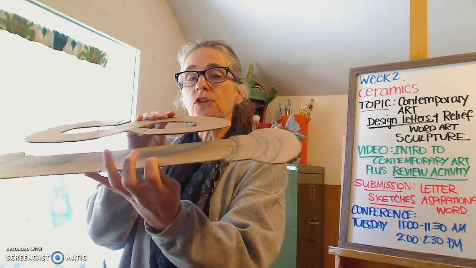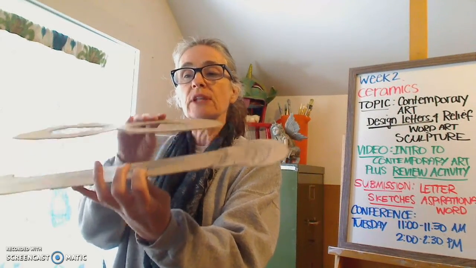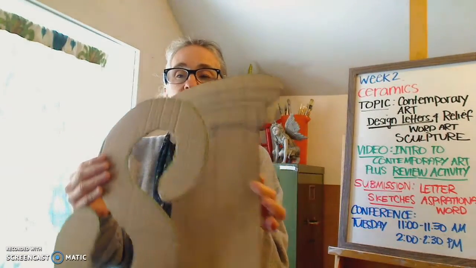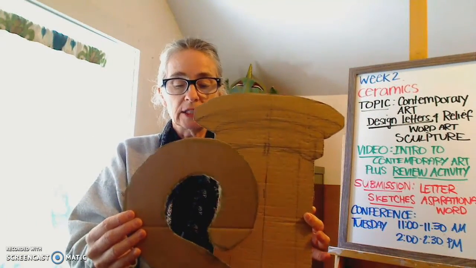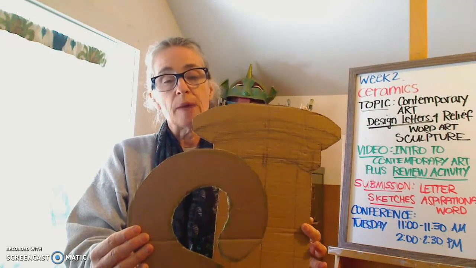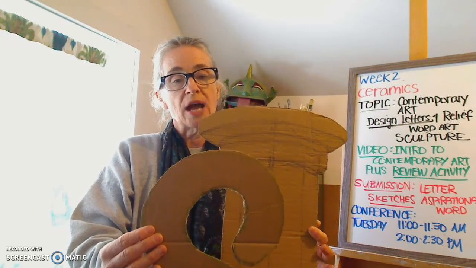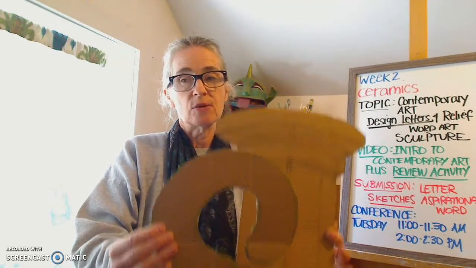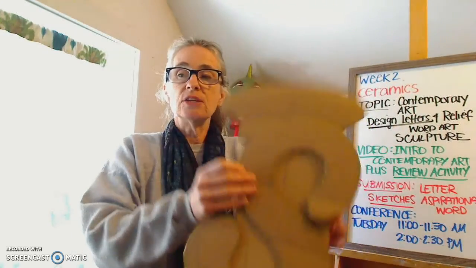So we're going to use additional cardboard to separate the letters so that they're not flat on top of each other. That's where the relief part comes in. We're going to create a little bit of sculptural depth, having the letters rise or advance, some of them advancing in space. So that's the idea, you guys.